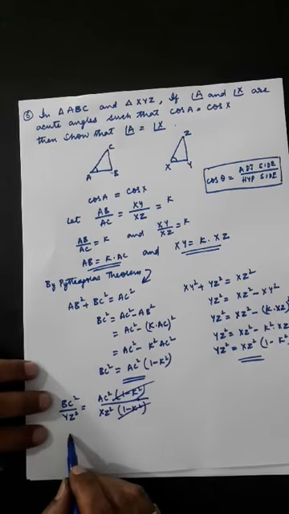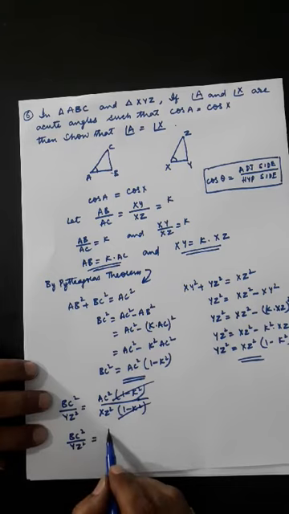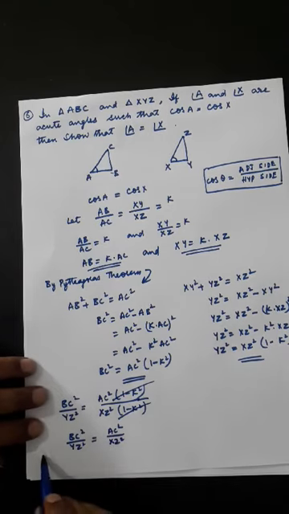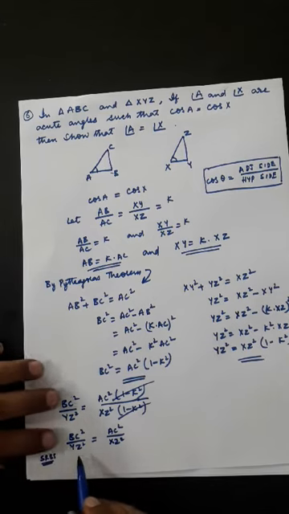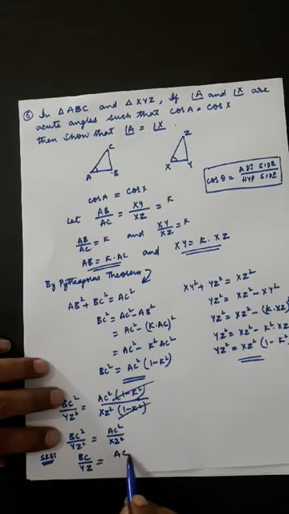So what is left is BC square by YZ square equal to AC square by XZ square. Square rooting both sides, the square goes away, BC by YZ equal to AC by XZ.